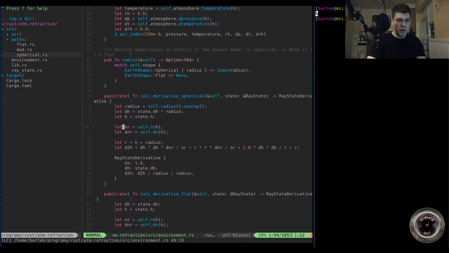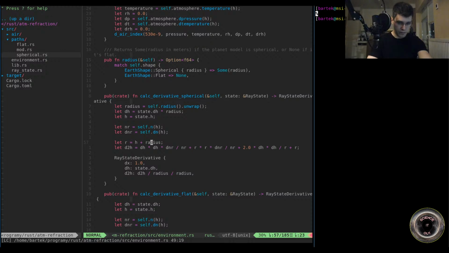Okay, and so the calculation then calculates what is the index of refraction at the altitude h, and what is the derivative of the index of refraction at an altitude h. This dn is what I was denoting as n prime. It's just the derivative of n with respect to h. And this lowercase r is h plus radius.